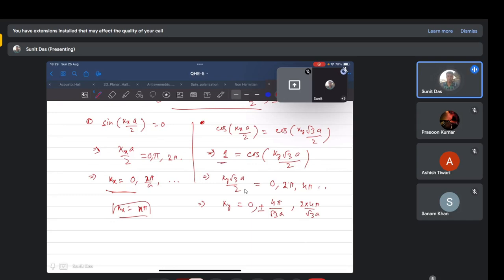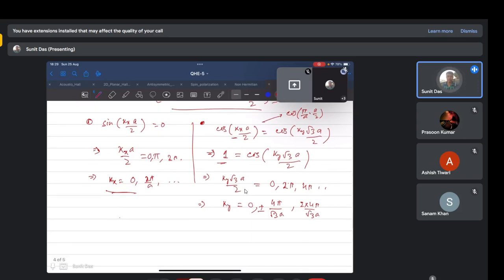But when you take kx equal to n pi by a, let's say n equal to 1, then kx equal to pi by a. So if you put kx equal to pi by a here, this will be messing up a bit.